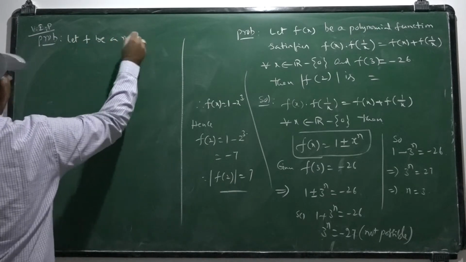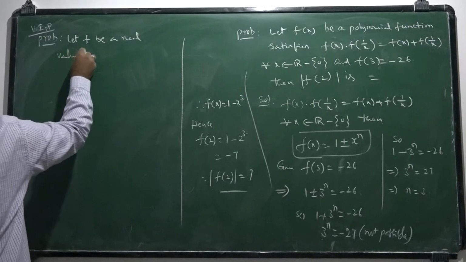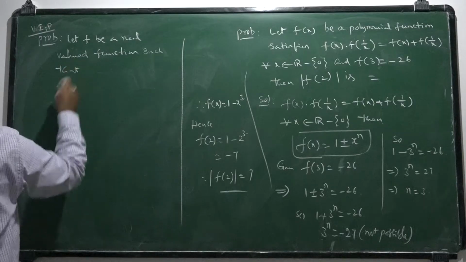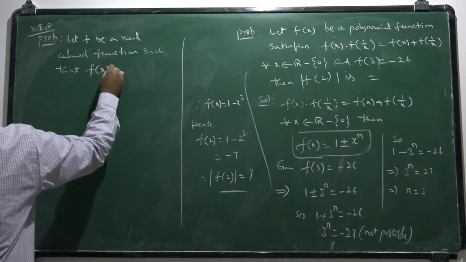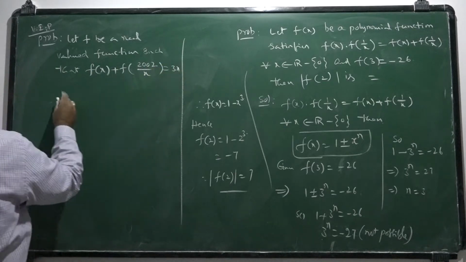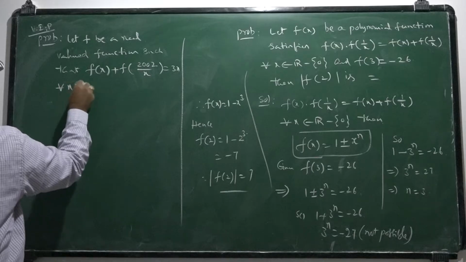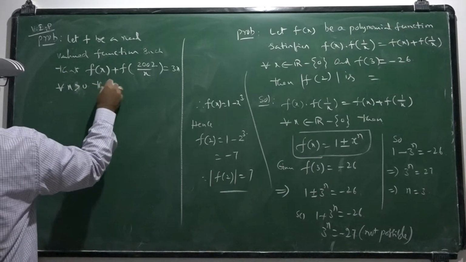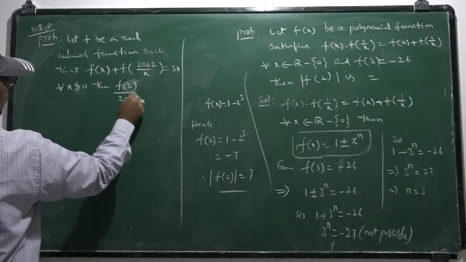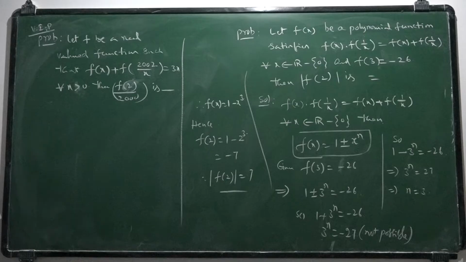Let f be a real valued function such that f(x) + f(2002/x) = 3x for all x greater than 0. Then find f(2)/2000. f(x) is a real valued function such that f(x) plus f(2002/x) equals 3x, x being a positive real.